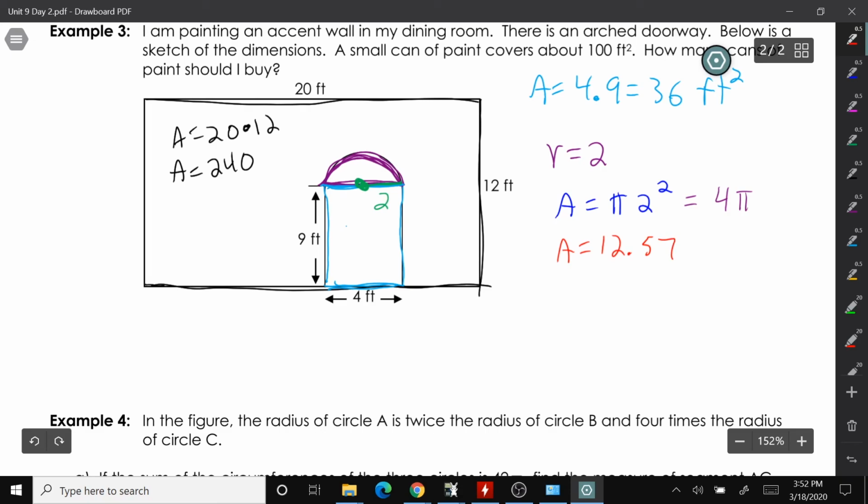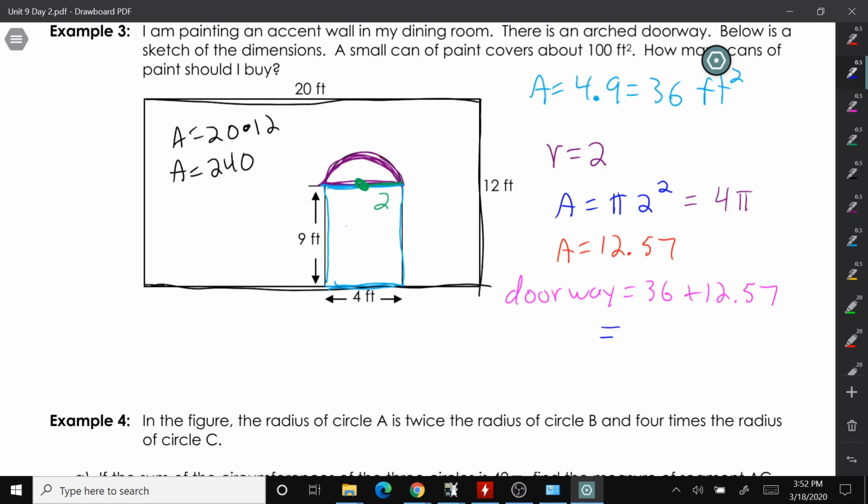So the area of the doorway is going to be 36 plus 12.57, which is, so 12.57 plus 36 is 48.57.